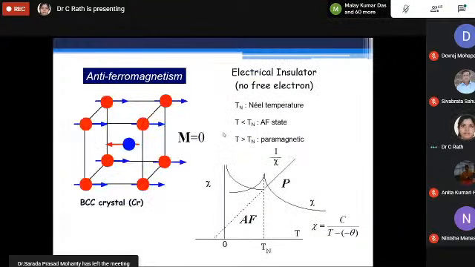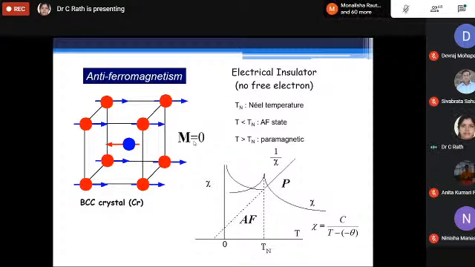Another class of material is antiferromagnetism, where M is equal to 0. What does that mean? When you are not applying any magnetic field, you can think of an antiferromagnetic material as having two sublattices, where both sublattices are ferromagnetically ordered, but one sublattice is antiparallel to the other.